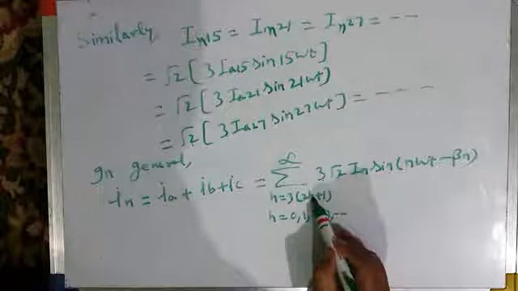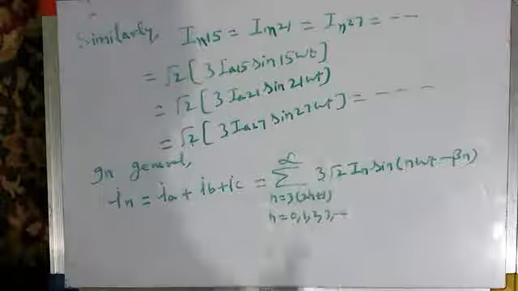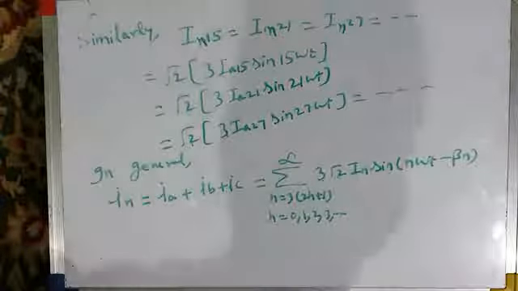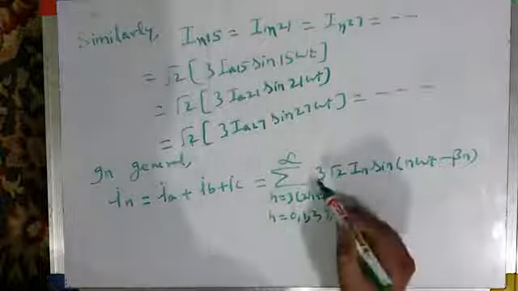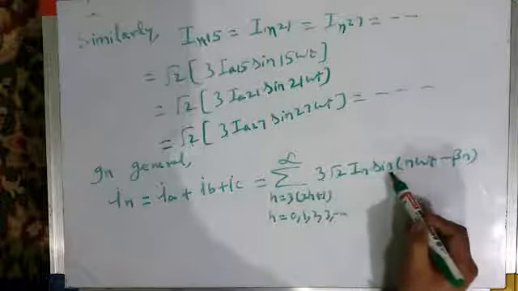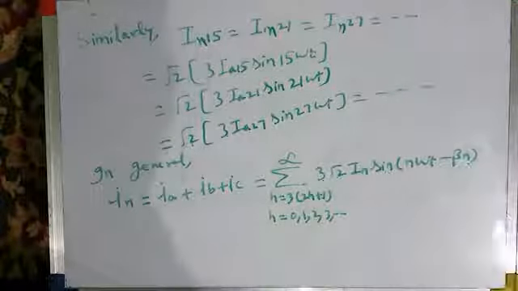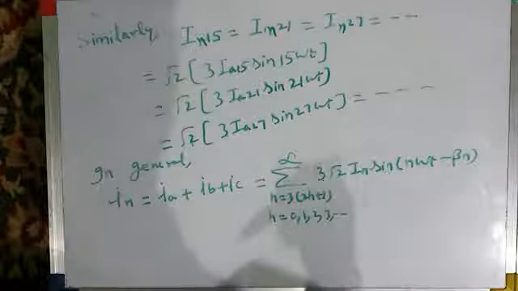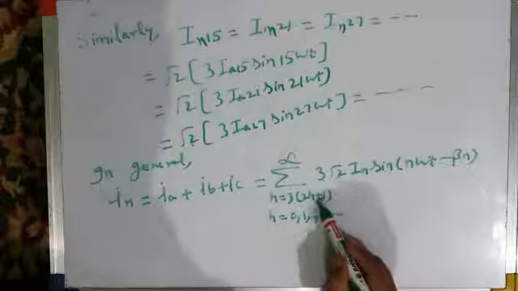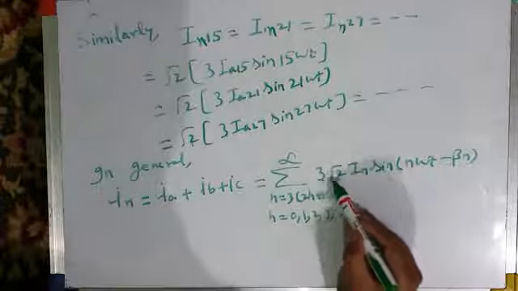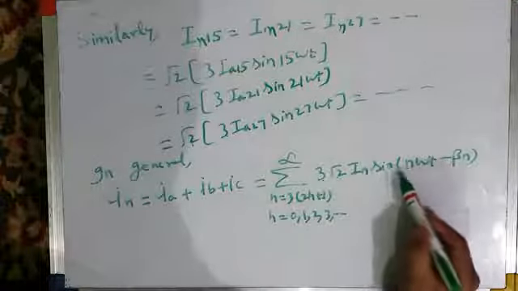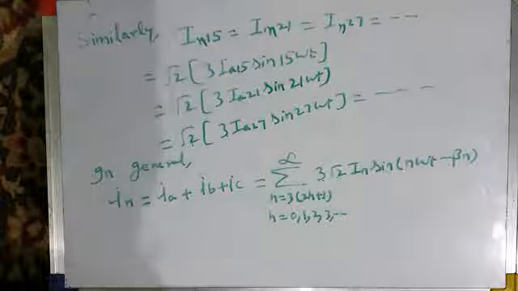Plus, put h equal to 1. 2 into 1 is 2, 2 plus 1 is 3, 3 nines are 9. So the next component will be the 9th harmonic: plus 3 root 2 I9 sine of 9 omega t minus beta 9. Similarly, when you put h equal to 2, you will get the 15th harmonic: plus 3 root 2 I15 sine of 15 omega t minus beta 15, plus so on.